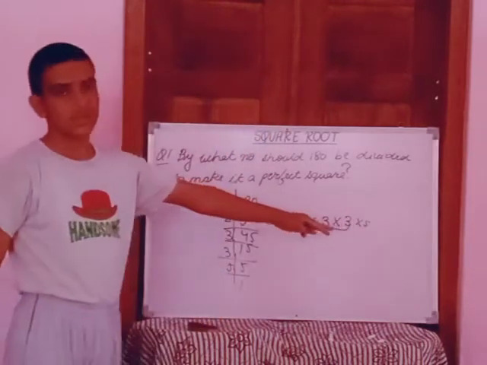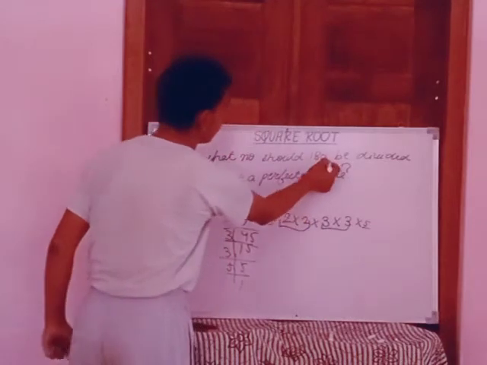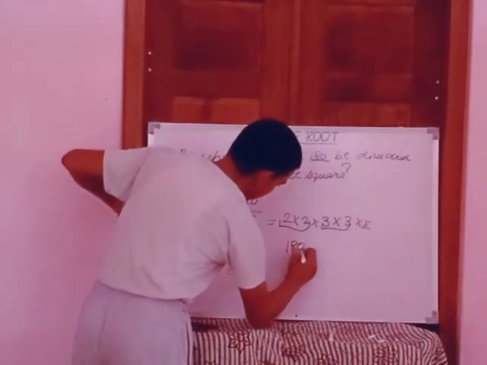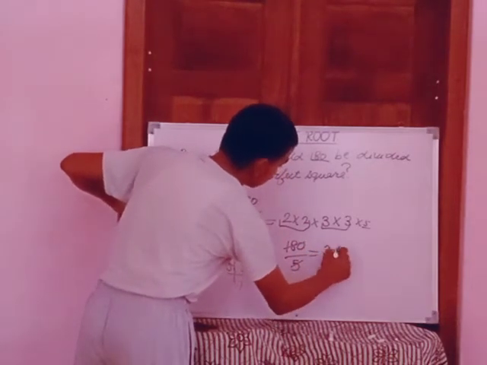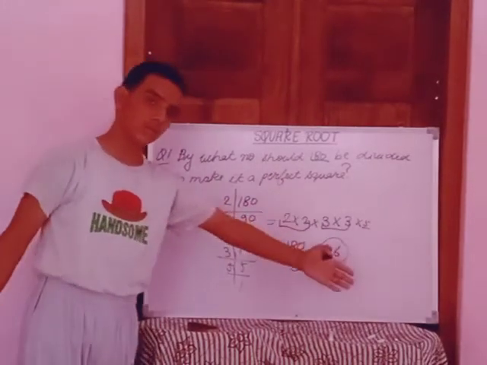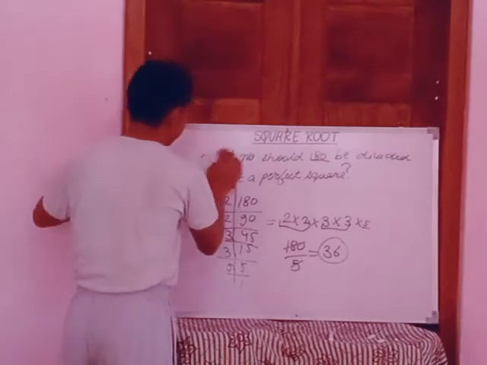Here 5 is unpaired. If we divide 180 by 5, then it would become a perfect square number. Let's see. 180 when divided by 5 would be 36. And 36 is a perfect square number. Its square root is 6. We know this. Now let's move to the next question.